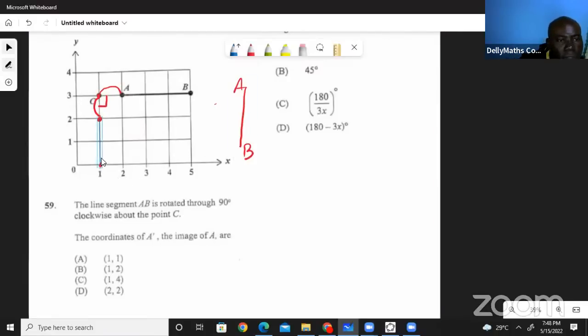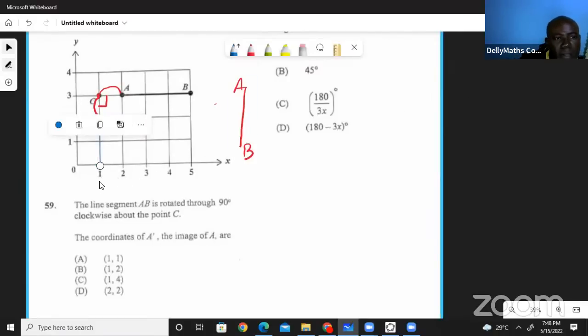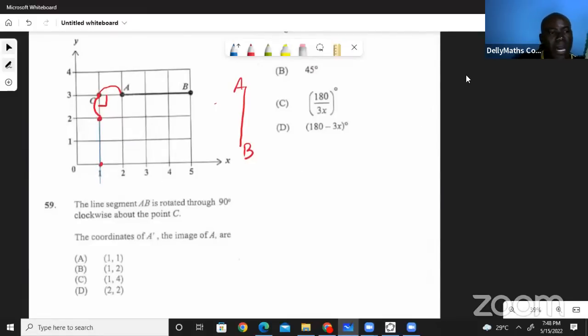Hold on, because it's a 3 unit. So about this place, it would have gone about this far. So would have had A here, and the B would have been down here. All right, so that's what we're talking about.